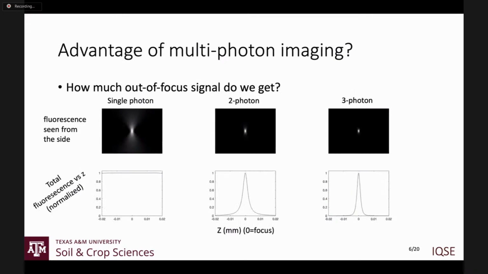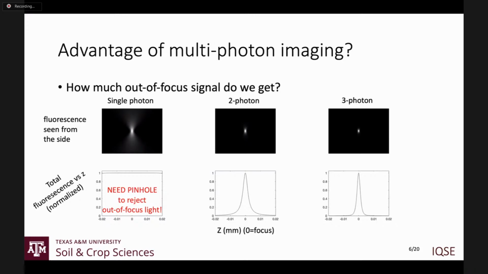So the advantage of multiphoton imaging is that, due to the nonlinear effects, you suppress out of focus signals. When you do single photon excitation, you actually need a pinhole to reject the light that comes back from out of the focus, from not inside the focus.